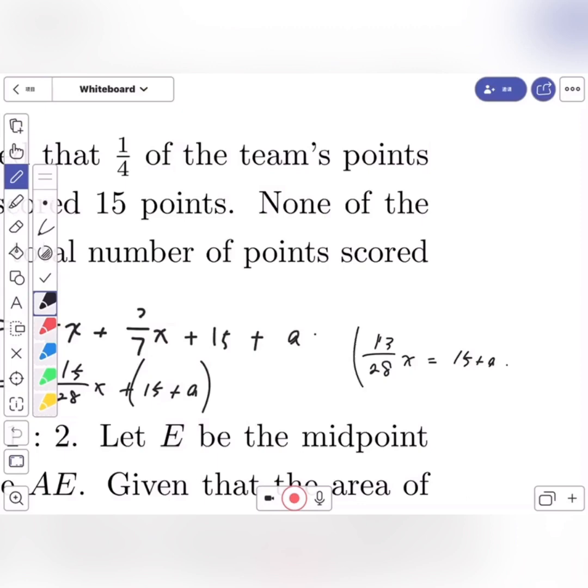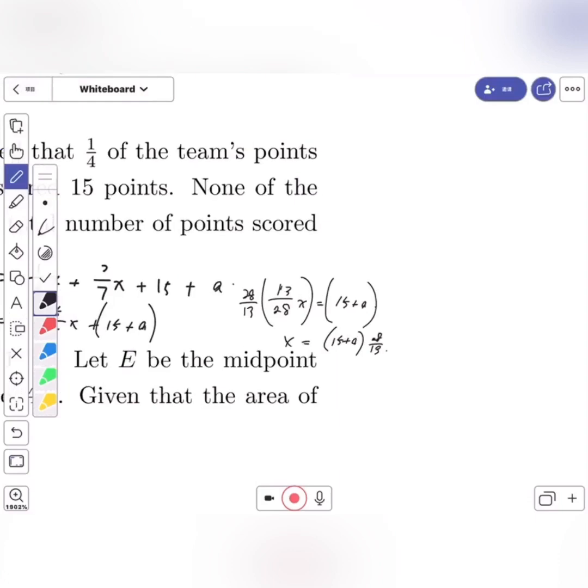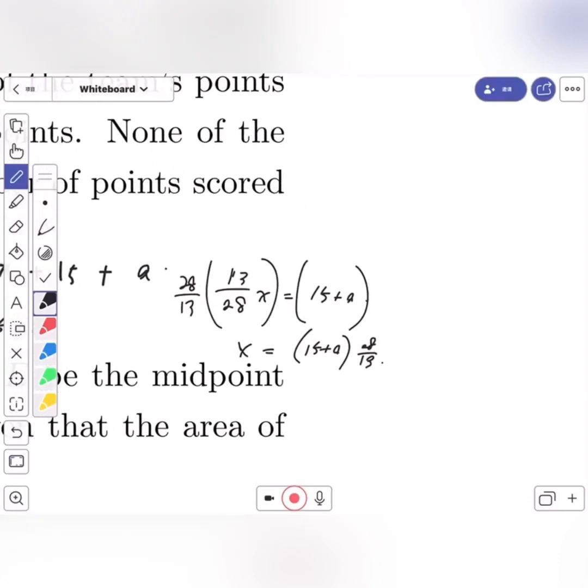So we multiply both sides by 28 over 13. Then we're going to get x is equal to 15 plus a times 28 over 13. So essentially, we just want to find the closest value that is less than or equal to 14.